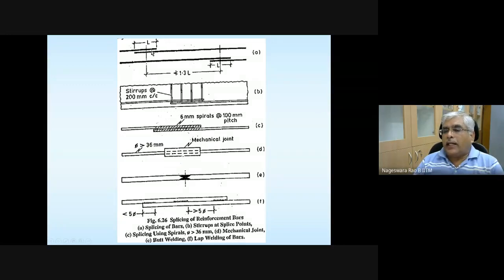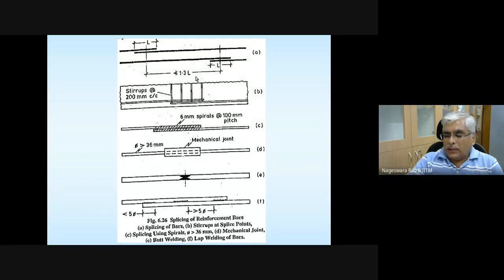Lap length is Ld or 30 times the diameter of the bar. And all bars cannot be spliced at the same location, and you can have a staggered splicing, and the distance has to comply with this one, 1.3 times L.